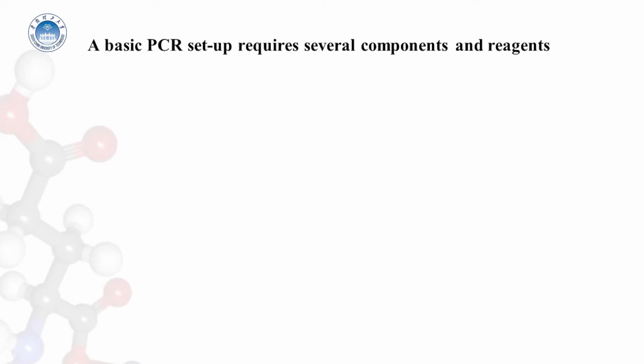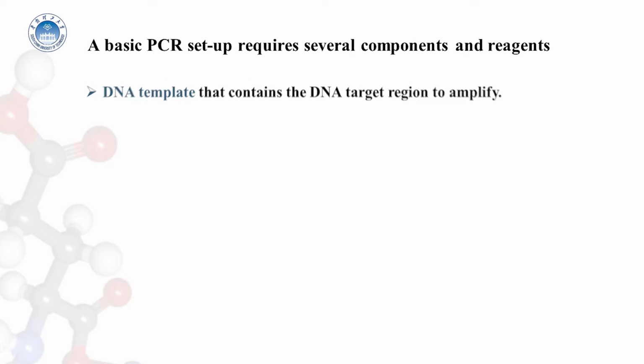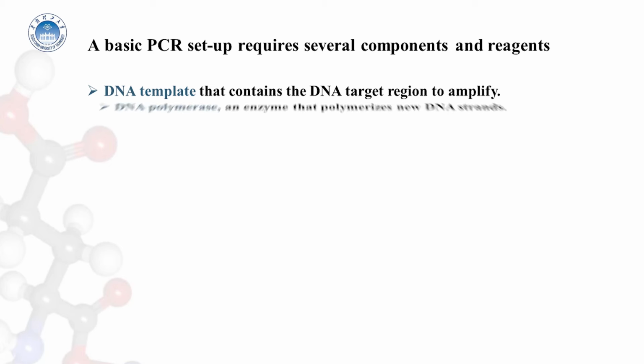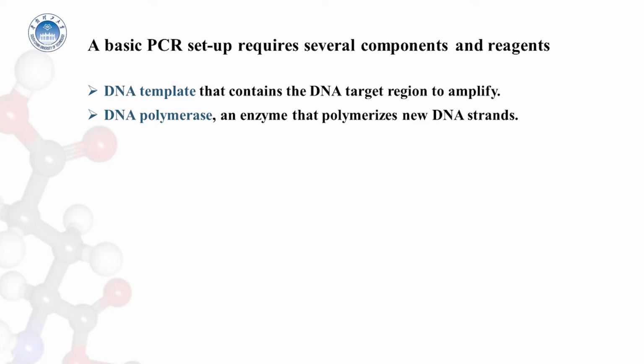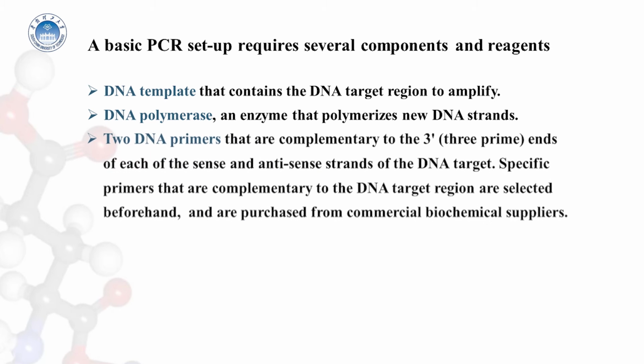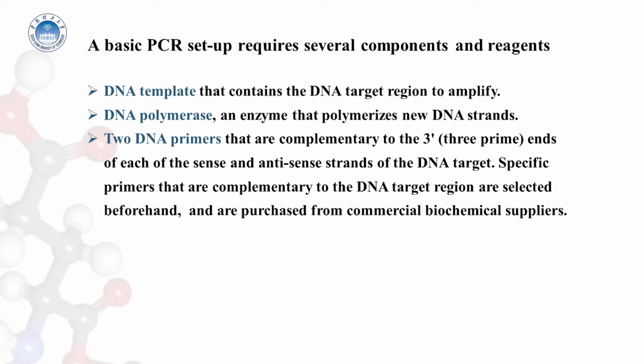A basic PCR setup requires several components and reagents. A DNA template that contains the DNA target region to amplify. A DNA polymerase, which is the enzyme that polymerizes new DNA strands. Two DNA primers that are complementary to the 3' ends of each of the sense and antisense strands of the DNA target.